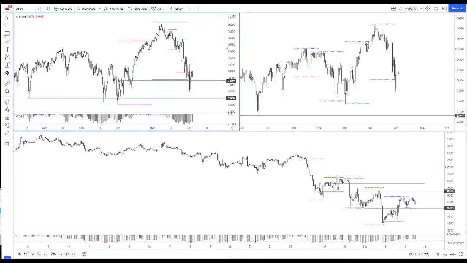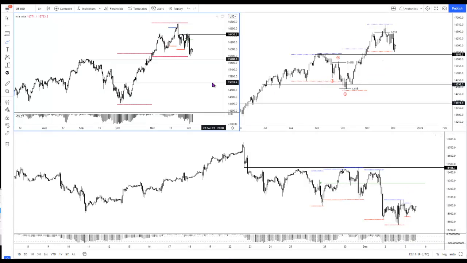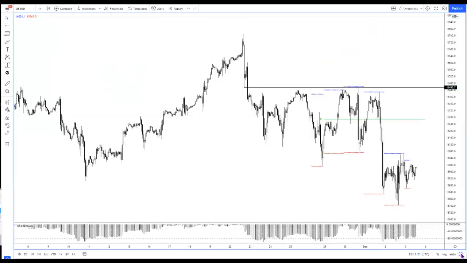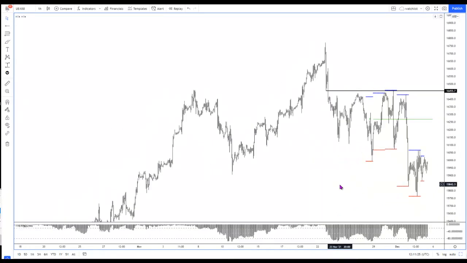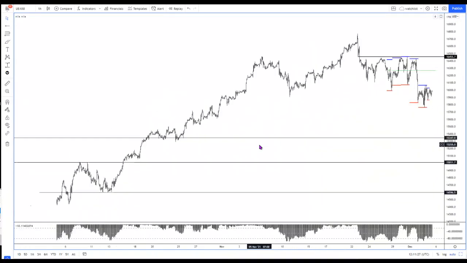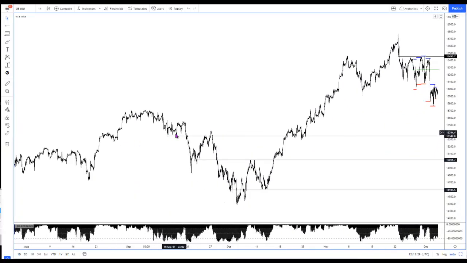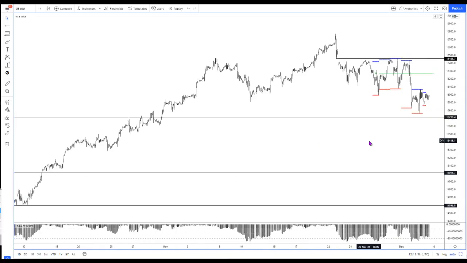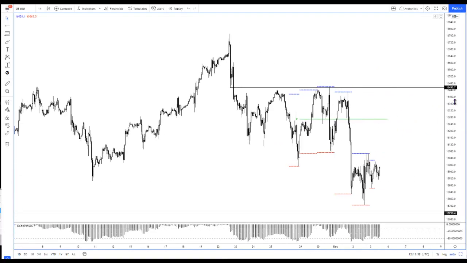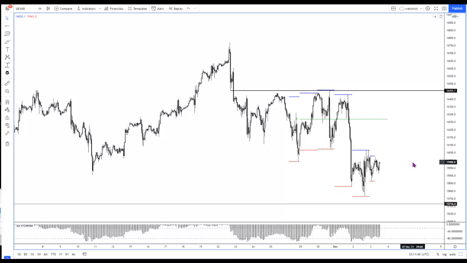So I will be looking for that dip on the Nasdaq. Let's have a look on the hourly. What I would be looking at on the hourly is a retest of these highs, around the 15,700 level, like I told you, because right now there is absolutely no setup.